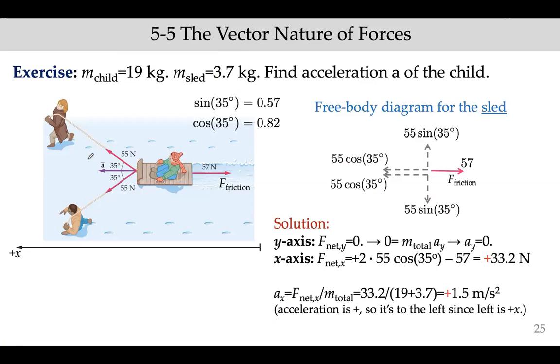So if you do the calculation, it turns out that 33.2 divided by the total mass gives you the acceleration in the x direction. And it's plus 1.5 meter per second squared. We find plus because the acceleration is to the left, and you can see it from the figure, and left direction is actually the positive direction in this problem.